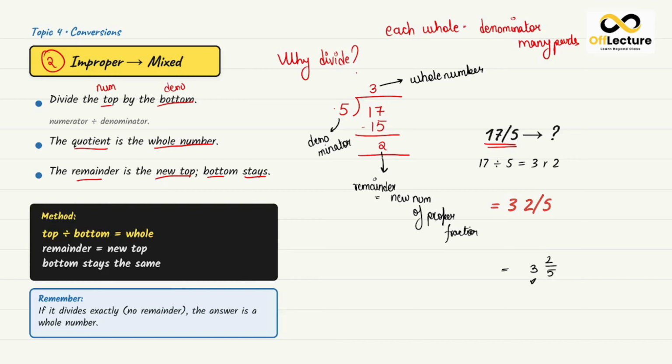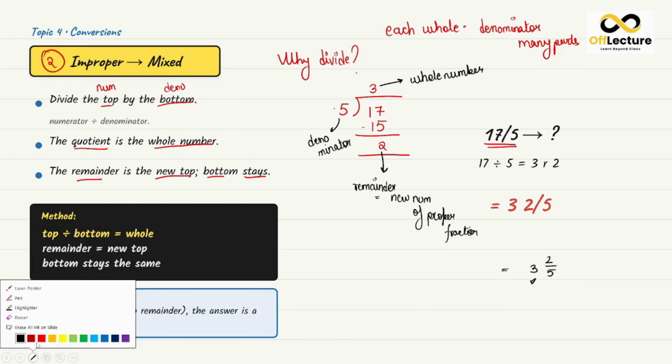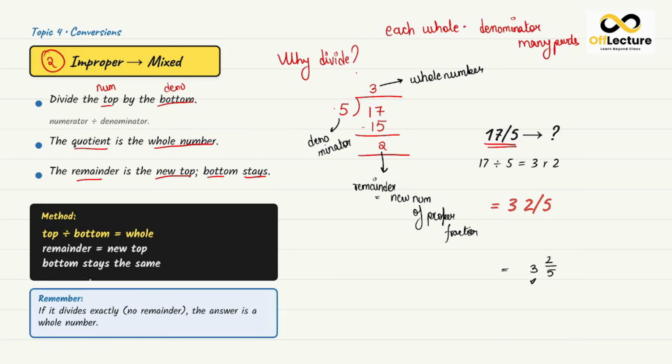This is the same thing we are doing here. And there is one thing you have to remember: if it divides exactly, that is, you are not getting any remainder, the answer is the whole number itself.